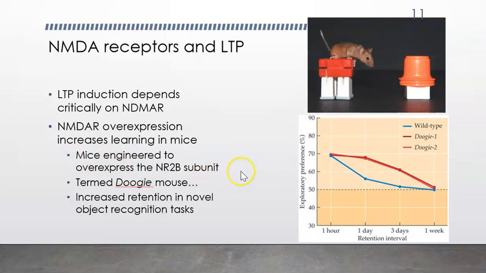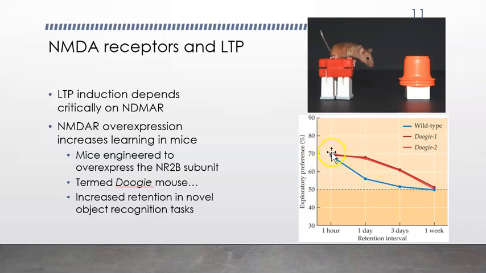Mice are over-engineered to overexpress a certain subunit that leads to NMDA receptors. They're called Doogie mice. And here is a learning task. So they learned something originally. After 1 hour, how much do they still remember it? And then not remember it.